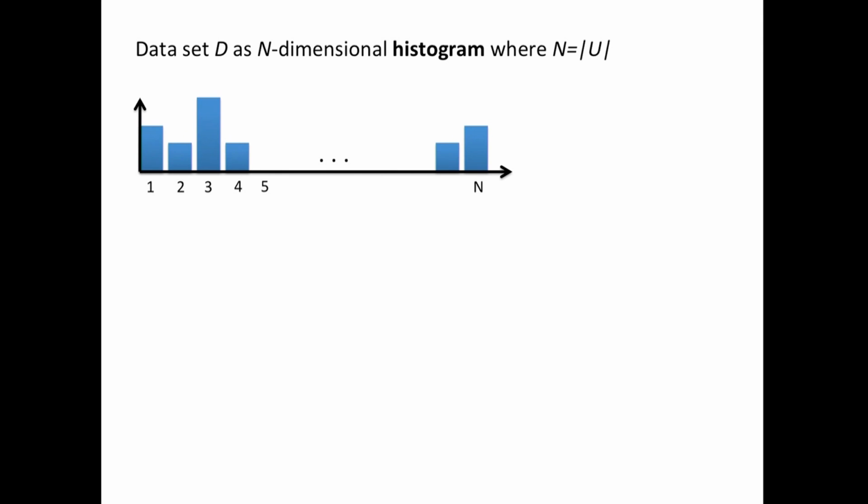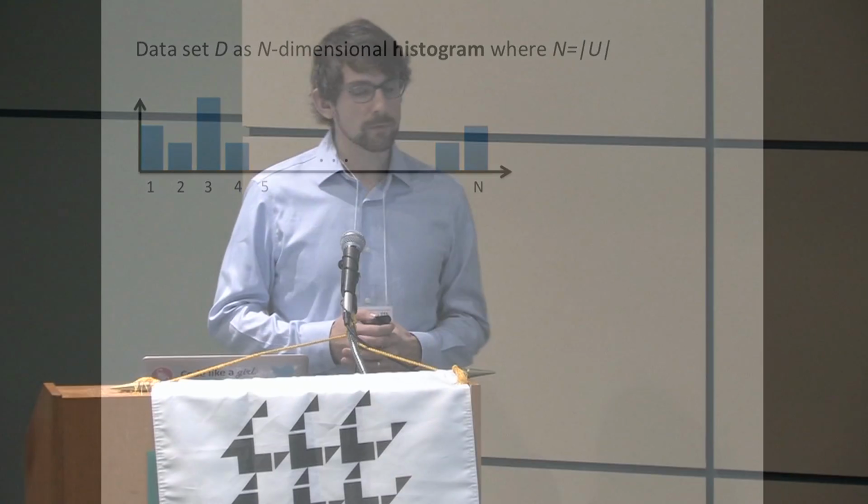Okay, this is just a histogram, and this will be a useful representation for the data set. And in fact, we're going to normalize the histogram so that it's actually a distribution over the universe. Okay, so if it has non-negative entries, if you normalize them so that they sum to 1, then you can think of the data set as a distribution. And this will be useful.